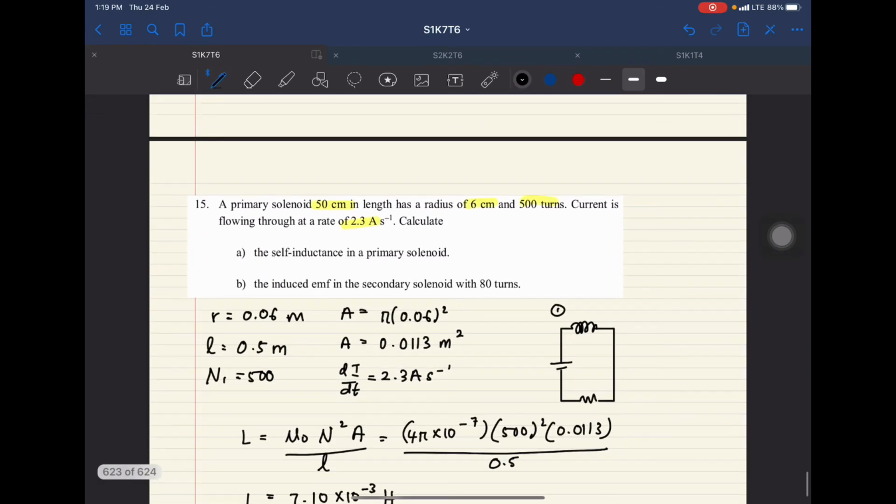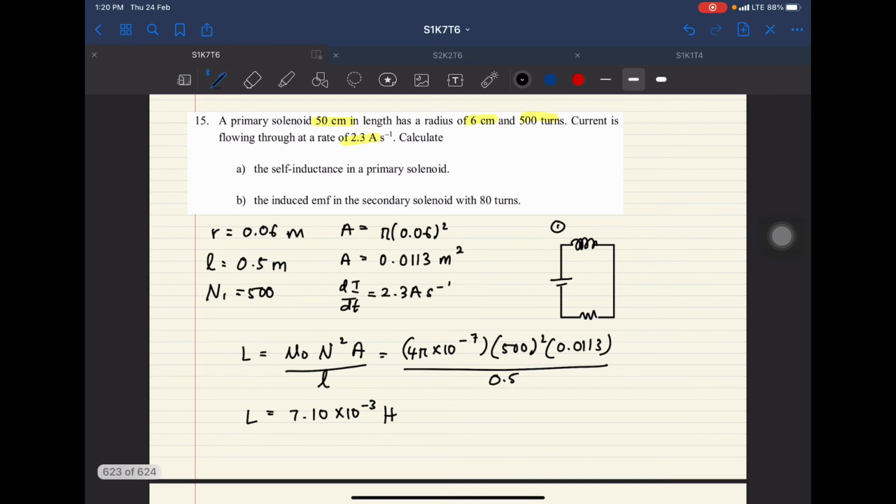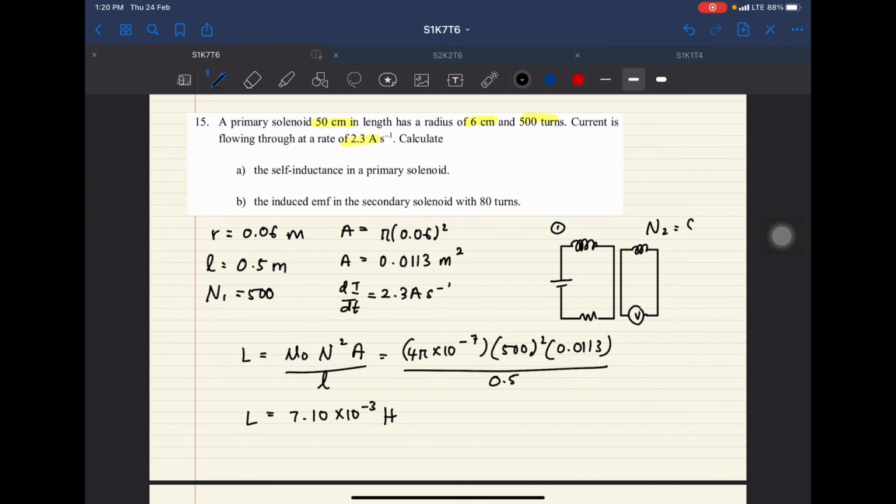Okay, now the second part of the question, it says that the induced EMF in the secondary solenoid with 80 turns. Now it says that it actually has another circuit over here that consists of another solenoid. And in this circuit, the number of turns N2 is equals to 80.